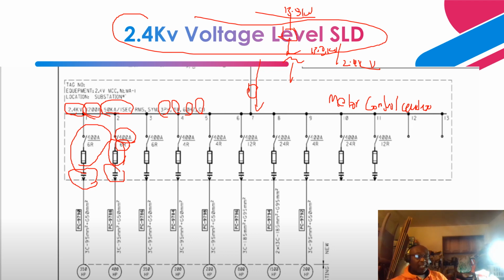The sizing of this disconnect switch is based on the horsepower rating of the motor. As you can see, this is a 350 horsepower motor, 400 horsepower motor, 350 horsepower motor, 200 horsepower motor, 200 horsepower motor, 300 horsepower motor, 1500 horsepower motor, 200 horsepower, and typical loads are for industrial facilities, commercial facilities, and also generation facilities.